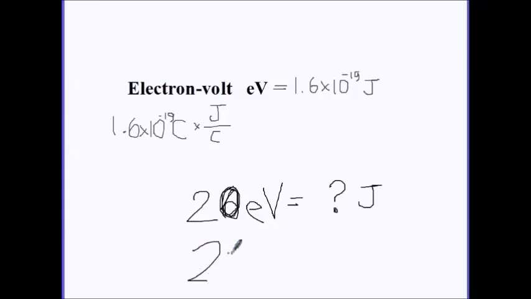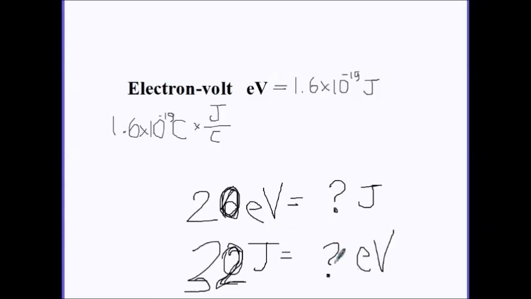And vice versa. If somebody said, hey, I got 32 joules, and they say, how many electron volts is that? Then I realize that this number here is going to become very, very big.